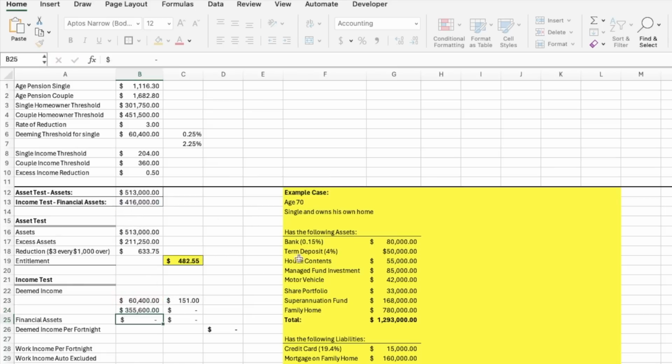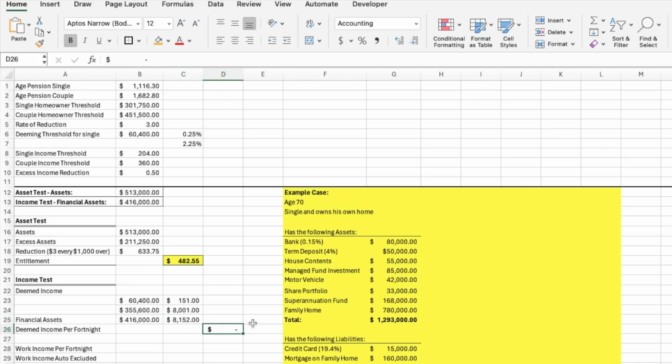So we take the amount that we've already considered, and that gives us a leftover amount of 355,600, which adds up to our total amount of 416. So again, the remaining amount goes on 2.25%. So we'll take that and we'll multiply it by 2.25, and that gives us a total deemed income per year of $8,152.